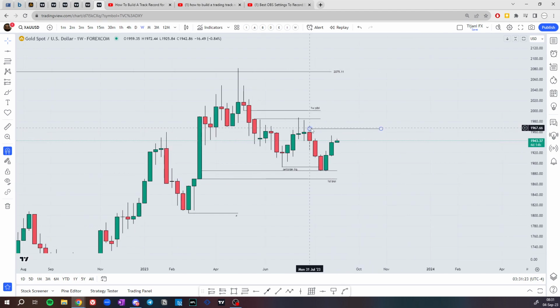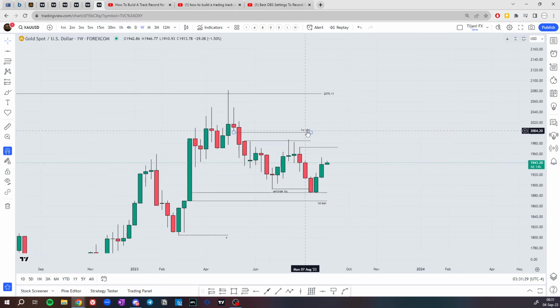And if price checks the previous monthly high, it is a confirmation that price is targeting higher prices to fill this weekly FVG here, then a continuation higher.